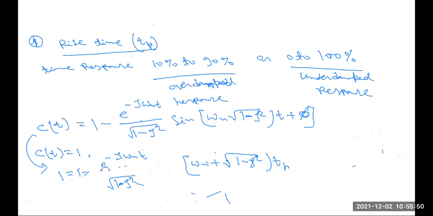So that's why we have cleared the idea: sine of omega n root over 1 minus zeta square into t r plus phi.